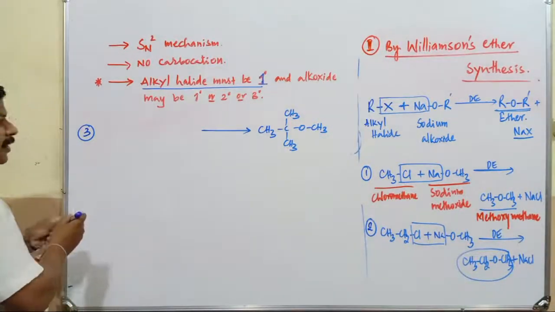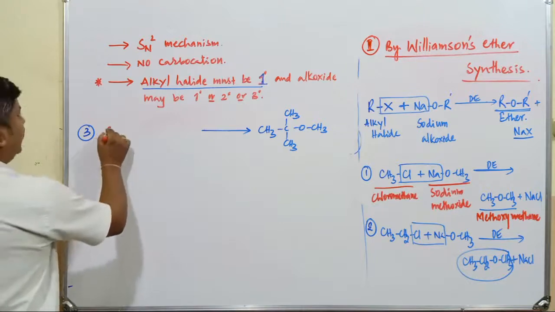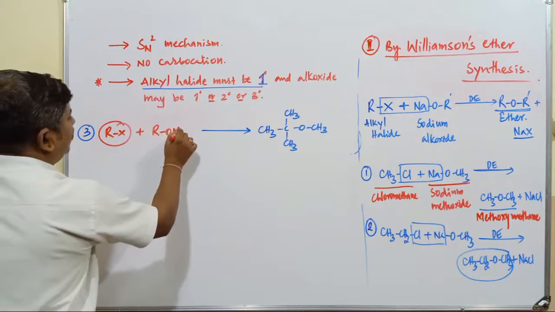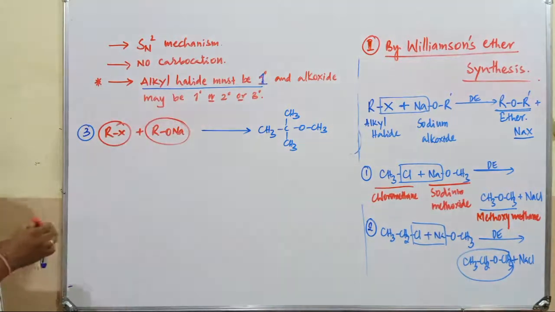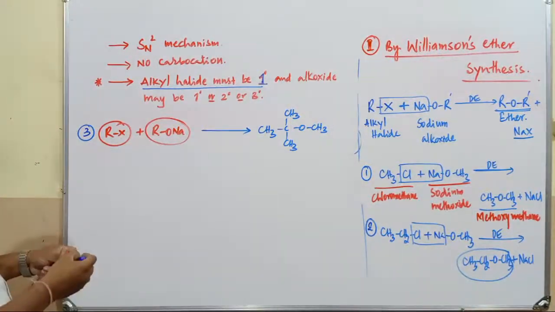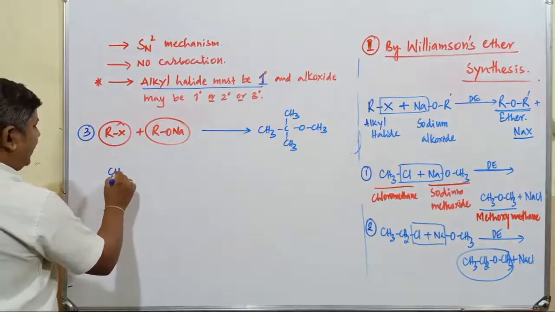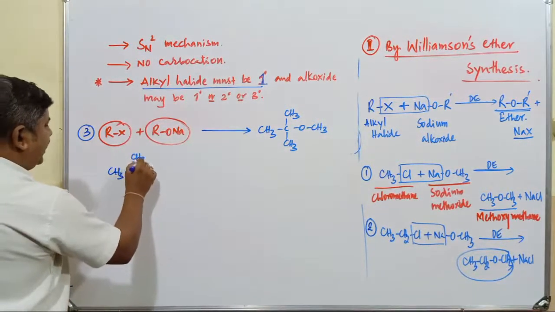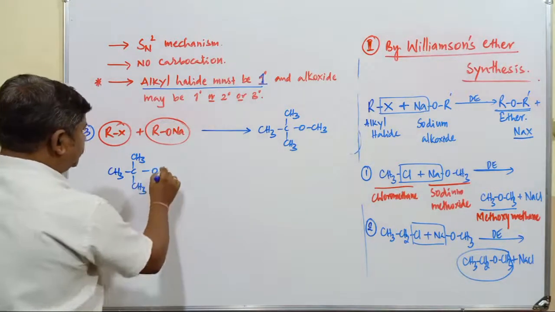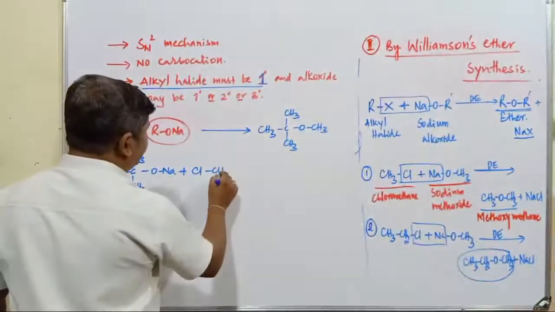To get this corresponding ether, two possibilities are there. Which is the alkyl halide molecule, and which is the respective alkoxide molecule? To get this particular ether compound, which is the alkyl halide and which is the sodium alkoxide compound? Here I will consider CH3, carbon, CH3, CH3, ONa plus CH3Cl.